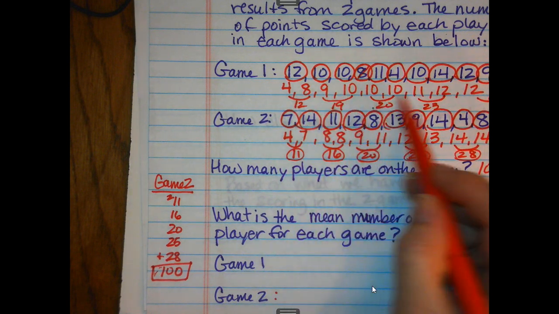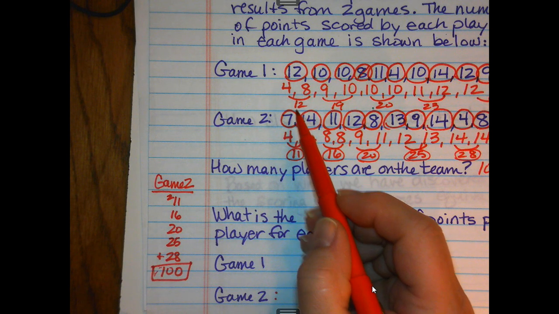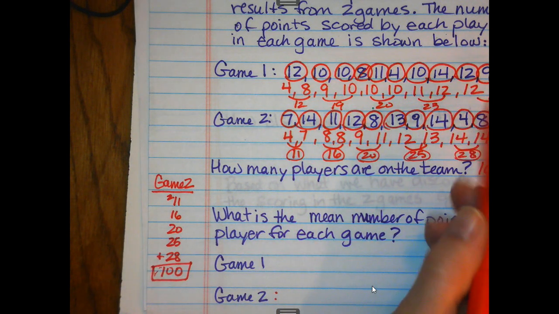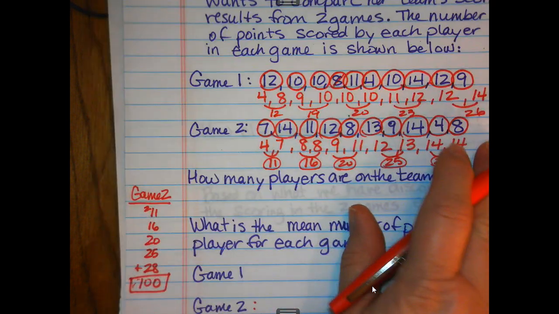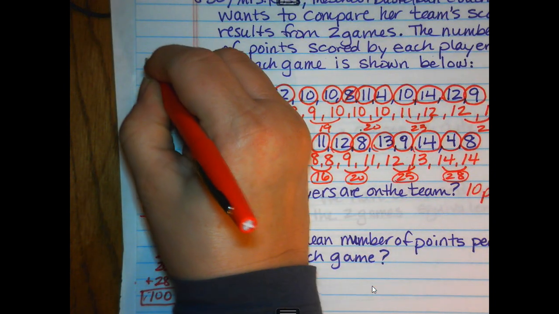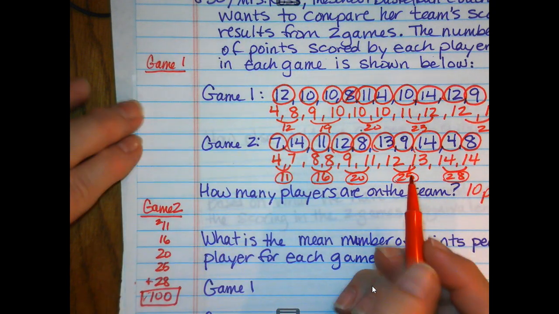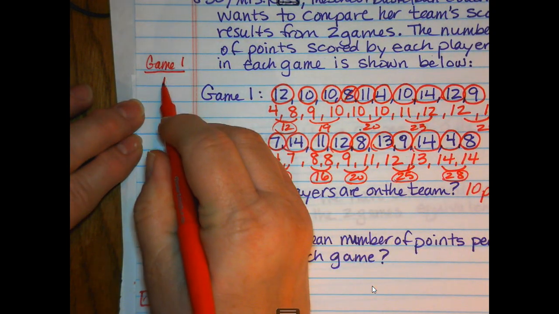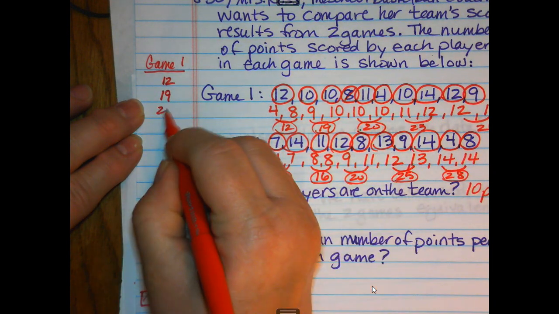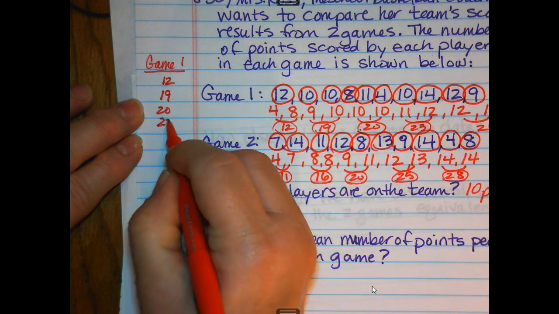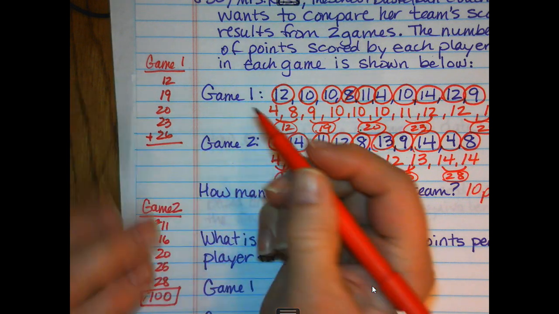You can add each one of these numbers separately in your calculator, I just, because I'm doing it without a calculator, I like to do some combining beforehand to make my problem a little bit more manageable for me. And then again, over on the side here, I'm going to do my game 1, and I'm going to bring these numbers, the 12, the 19, the 20, the 23, and the 26, and I'm going to add those up.